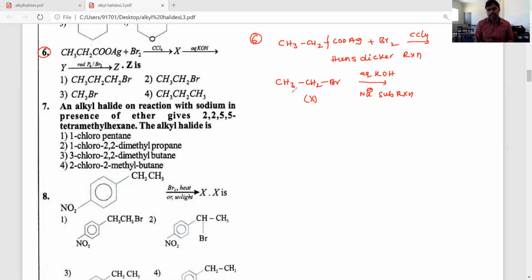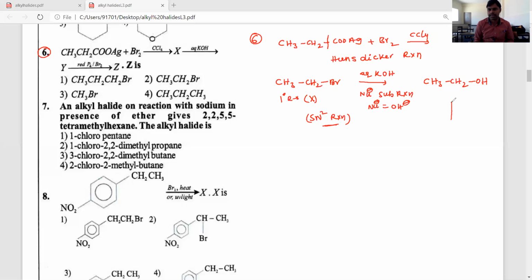It is a primary alkyl halide and the nucleophile is the OH minus group, so it is an SN2 reaction, because primary alkyl halides are more reactive towards SN2. The OH minus ion is the nucleophile, and the product is CH3CH2OH, an alcohol. Alkyl halides convert into alcohol.